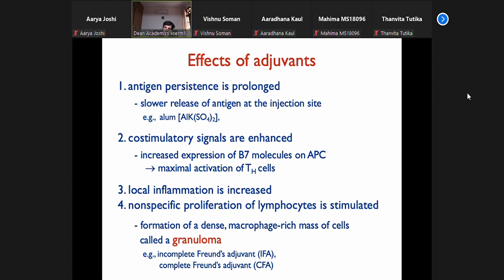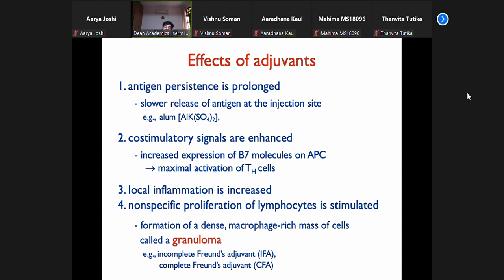Because of their growth promoting activity, the T cells which were induced to begin with by your antigens can keep on expanding in number, and as these cells expand, more and more B cells will start making antibodies, and more T cells will start getting formed, right? So this is what non-specificity means.